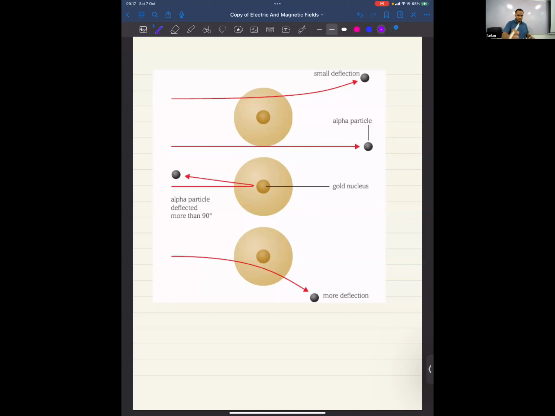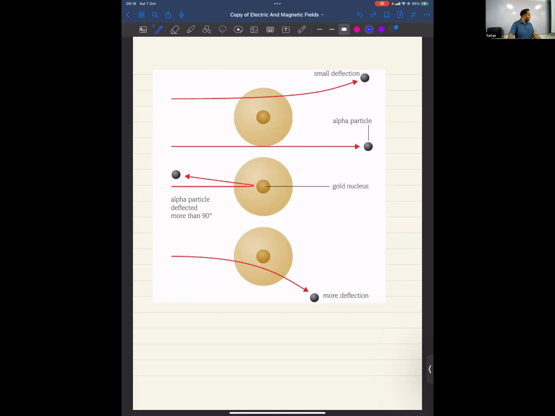So you can see some alpha particles have a small deflection. And here in this diagram, the deflection is a bit more. That's because this beam of alpha particles is closer to the nucleus. Closer to the nucleus, the deflection will be more, because the force of repulsion will be more.